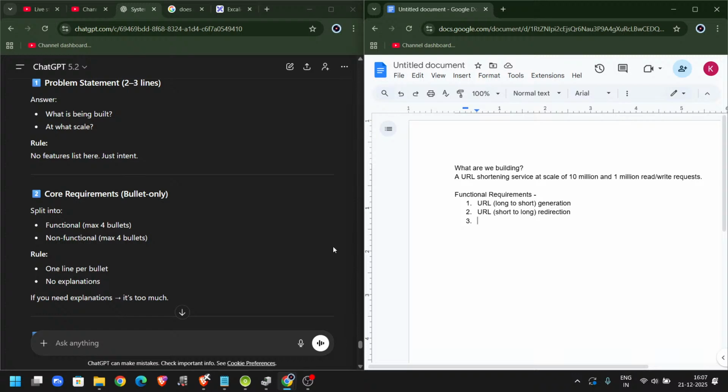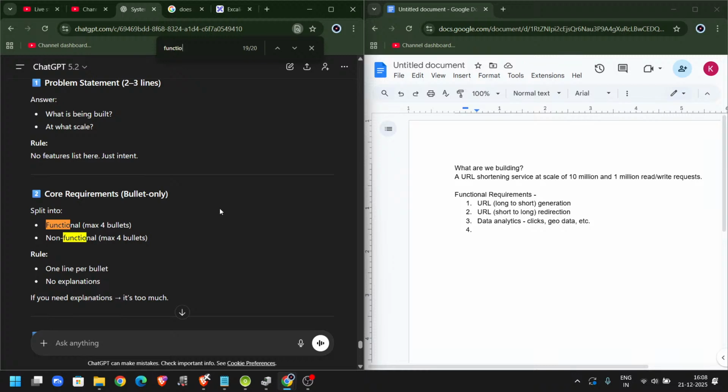Yeah, I'm back. Okay, so functional requirements are these two things mainly, and data analytics, clicks, geodata, etc. URL clicks or hits, whatever. Okay, fourth क्या है? और क्या था functional? Even I forgot. Okay, see, notes making is so important.